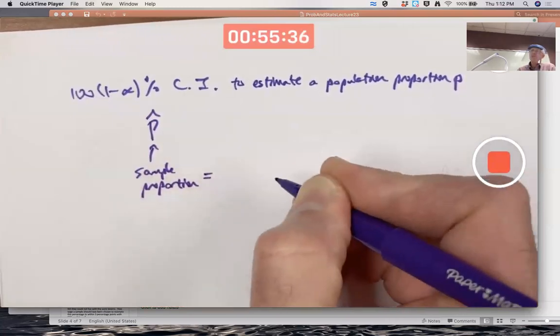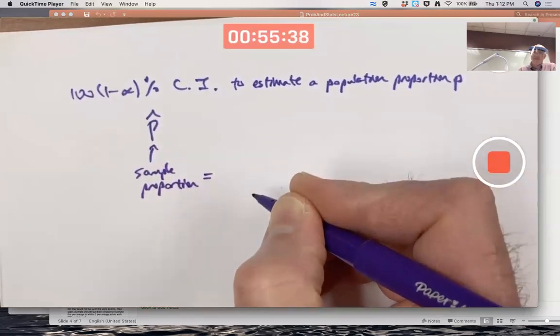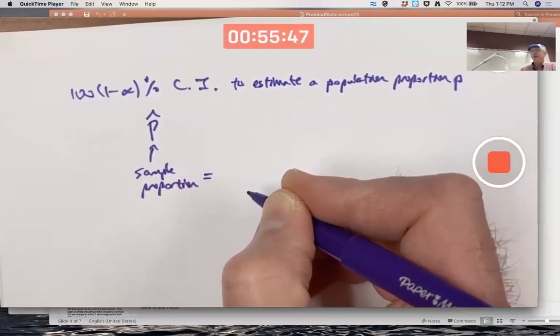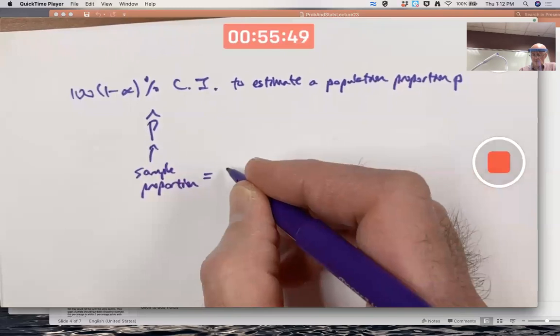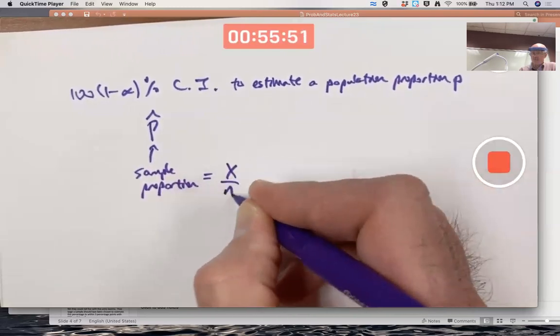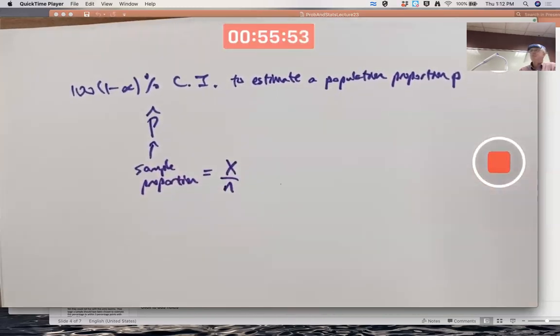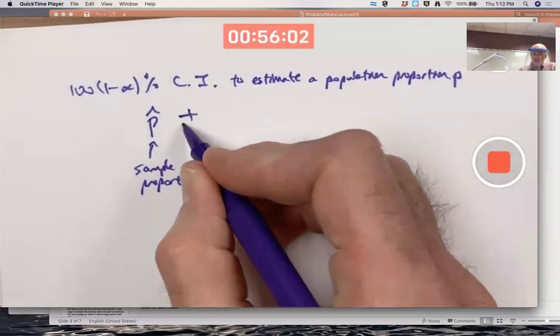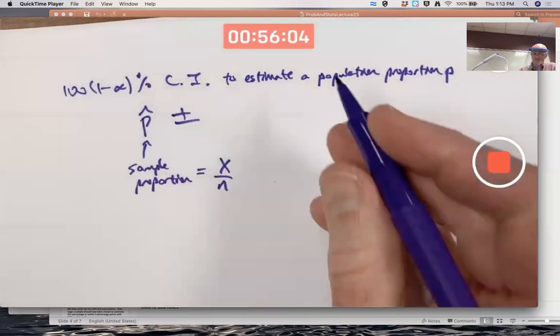If you're thinking of the number of things you're counting as X, the number of successes, say in this case the number of robots that do loading and unloading, you would take X and divide by the sample size. Very simple formula. That's your point estimator, plus or minus a margin of error.